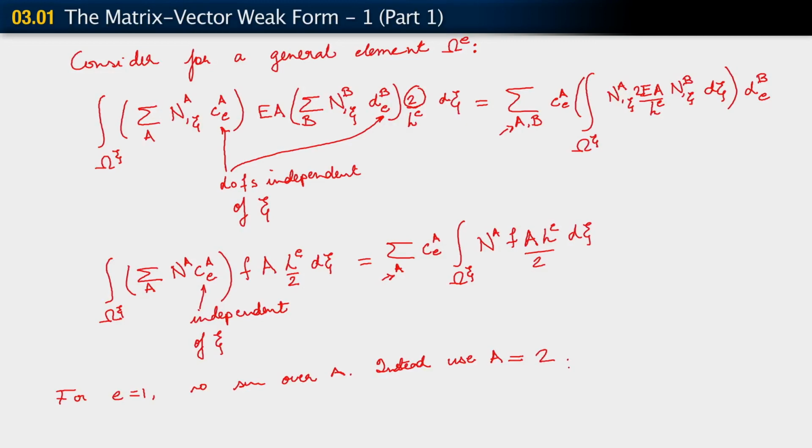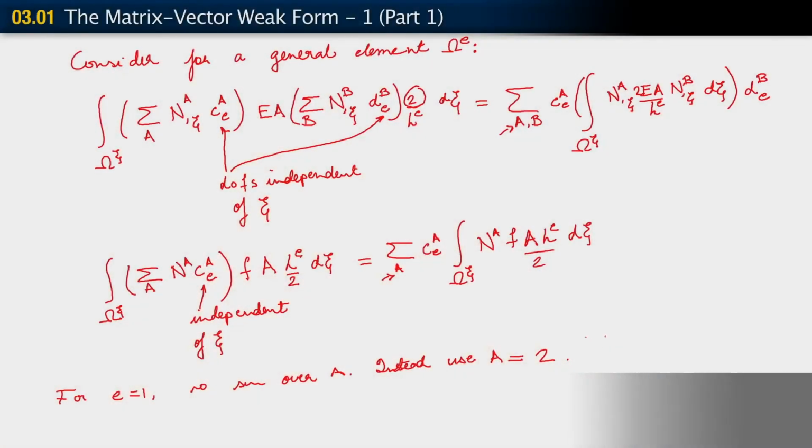And why is it that we need to use the index only A equals 2? It's because the first basis function is not used in element 1, recognizing the fact that we have a Dirichlet boundary condition on element 1, and therefore the weighting function contribution from the degree of freedom 1 is not used.